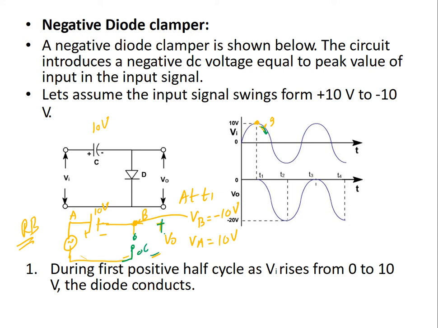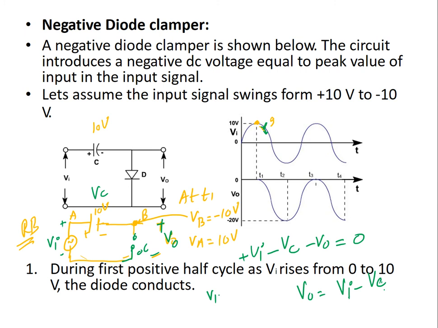Remember, we are observing this output voltage. So now what will be the output voltage? Here we are having the input. If we write the KVL equation, it will be plus VI minus VC minus V out equal to 0, or V out equals VI minus VC, input minus the VC value.